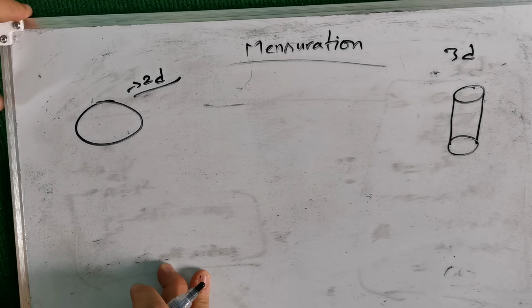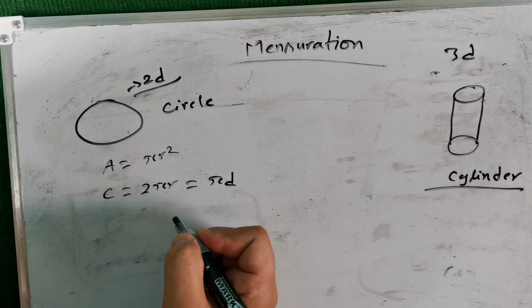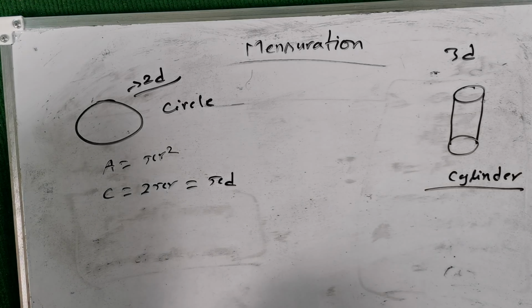Circumference of circle is 2 pi r or pi d. This is the center, this is the radius, and this is the diameter. I think you know about this.